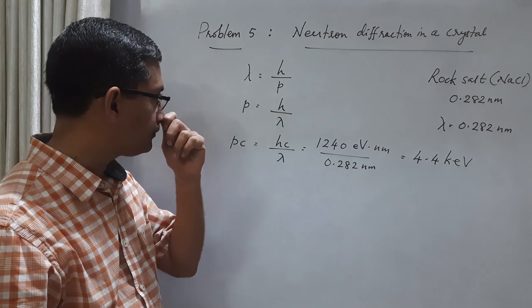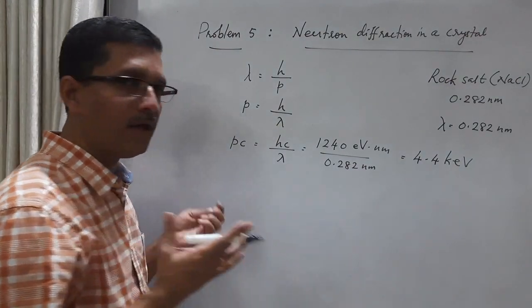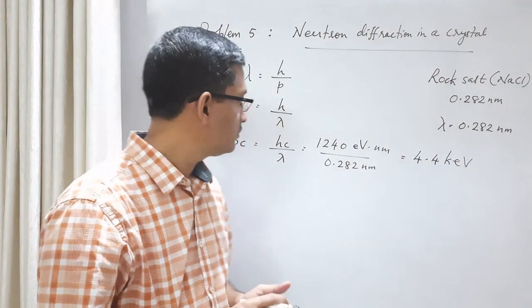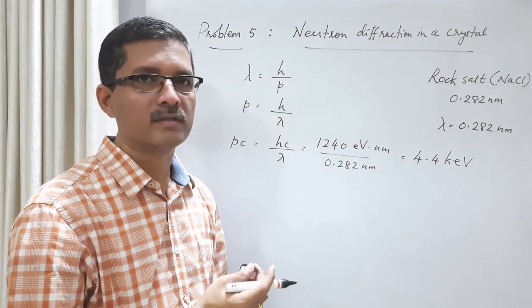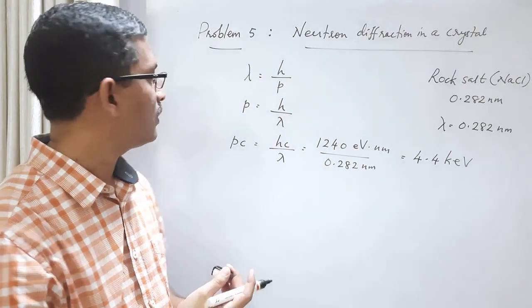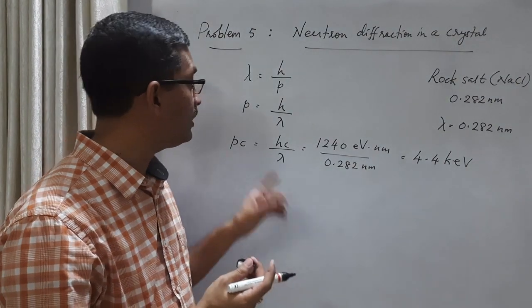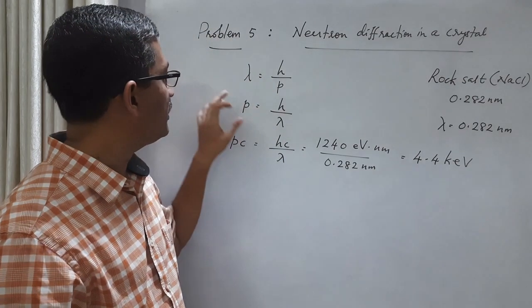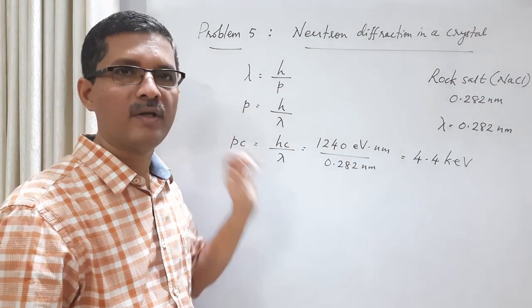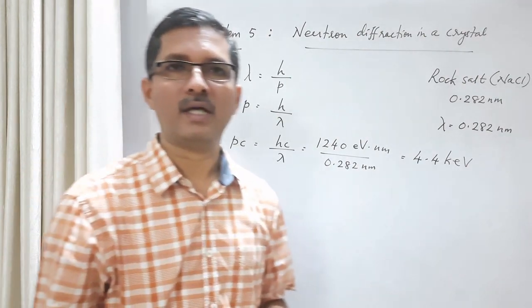If we have the value of pc, what is our aim? We want to calculate the kinetic energy of the neutron. Why did I calculate pc? The reason is from lambda we can get p. Once we get momentum, how do we calculate the kinetic energy?